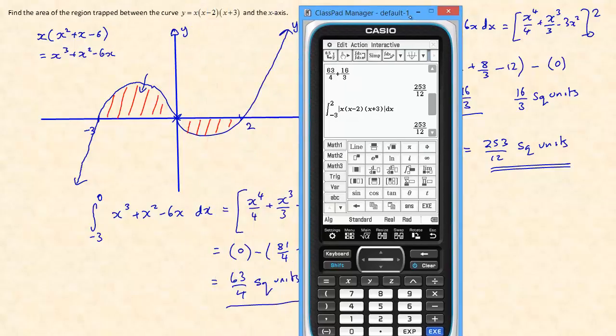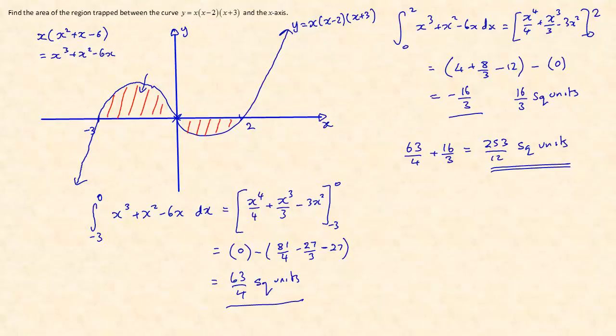So how is that working? Well, we know that the modulus function will give us a reflection on this part, and therefore with the modulus, if we do the area all the way from -3 to 2, both areas are above and we can just put it all together.